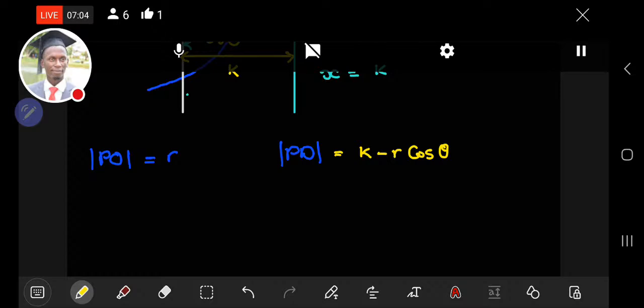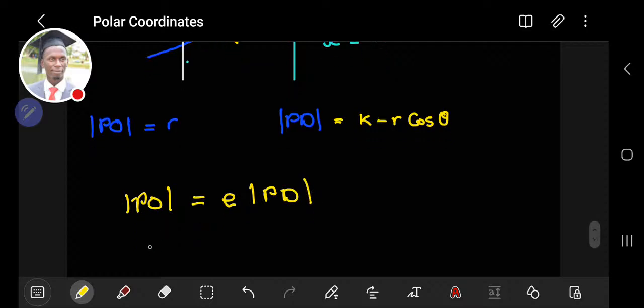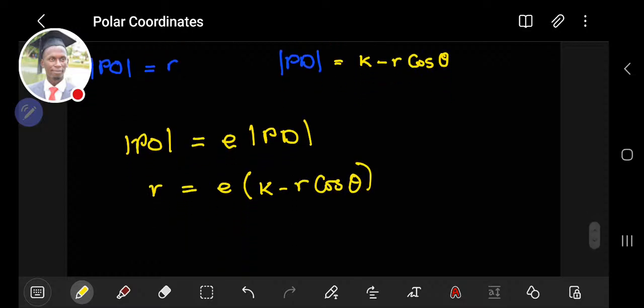PO will be equal to the eccentricity multiplied by PD. Since we already know PO is just r, and the eccentricity is e, PD on the other hand is k minus r cos theta. So we come up with this relationship.